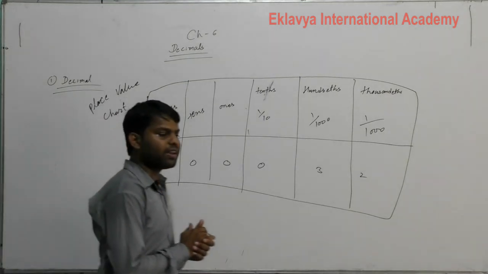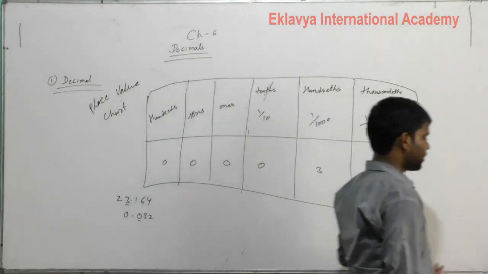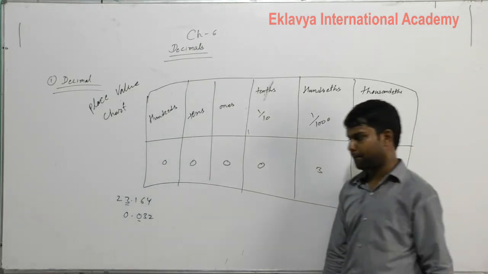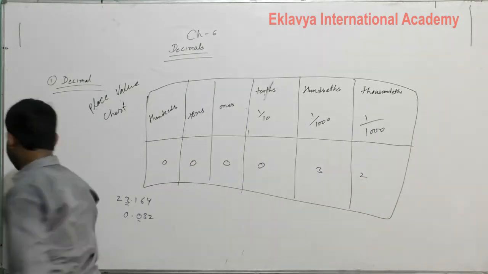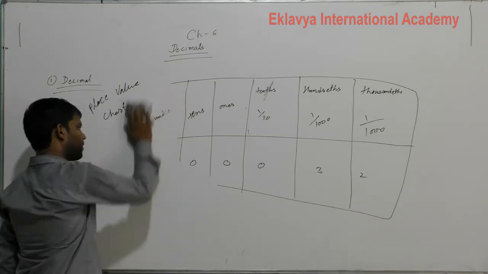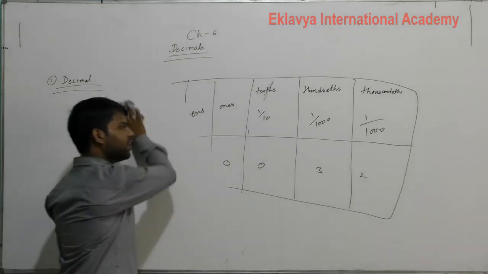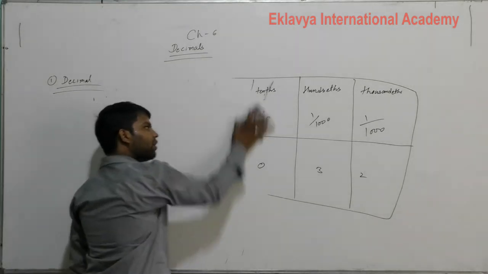If a number is given like that, and we want to find out just the place value.